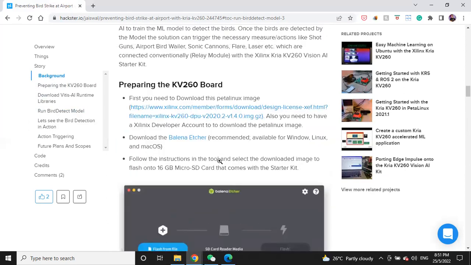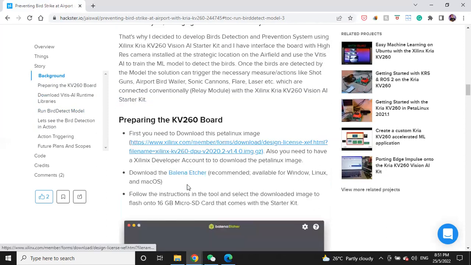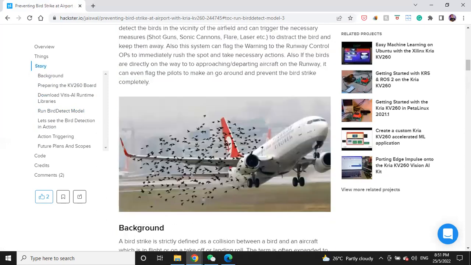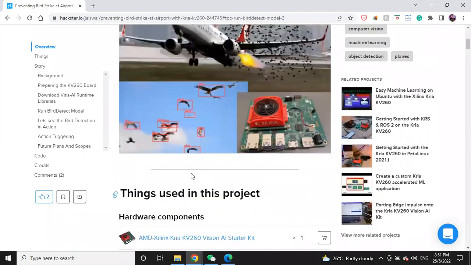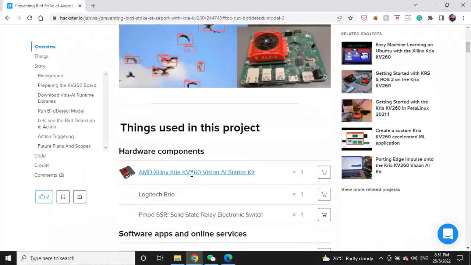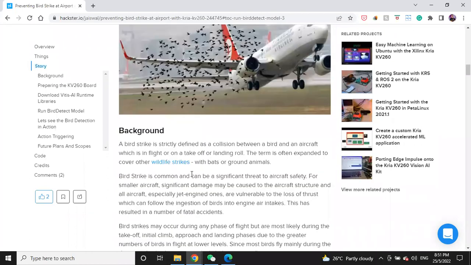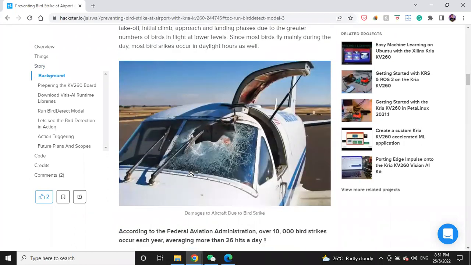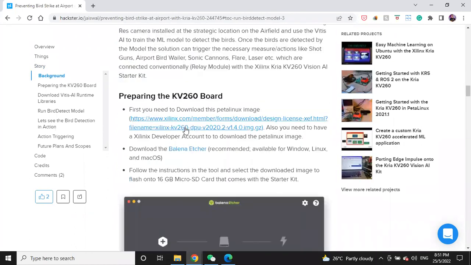For example, if you want a particular thing that is not available, you have to take the photos and train that. It is completely documented in the Vitis AI documentation. They have very good, in-depth documentation. I see. Thank you.